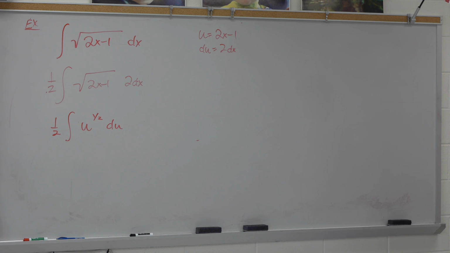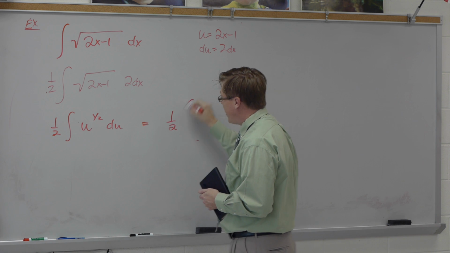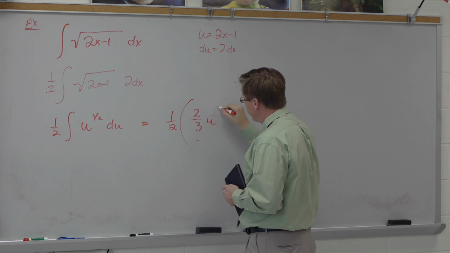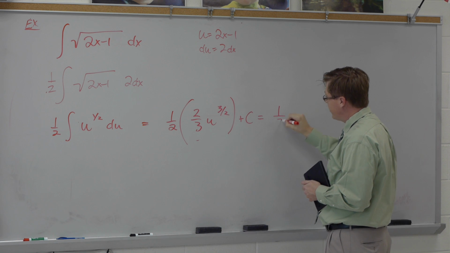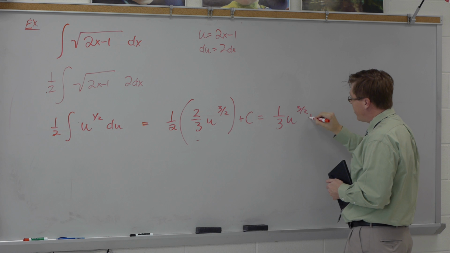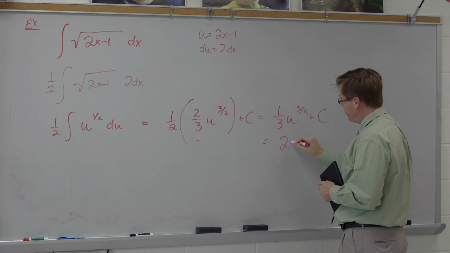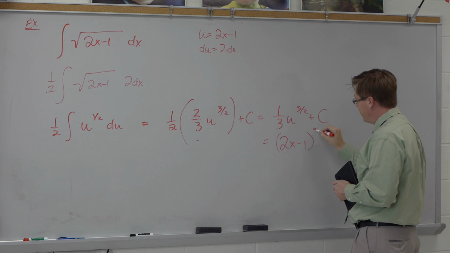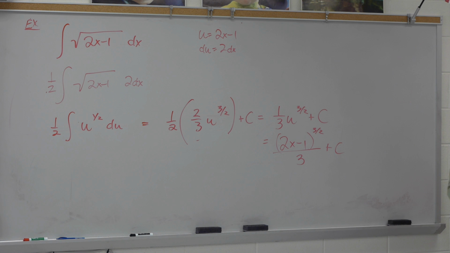And that's just a power rule integral. So it's 1/2 times 2/3 u to the 3/2 plus c, which is 1/3 u to the 3/2 plus c, which is (2x minus 1) to the 3/2 over 3 plus c.